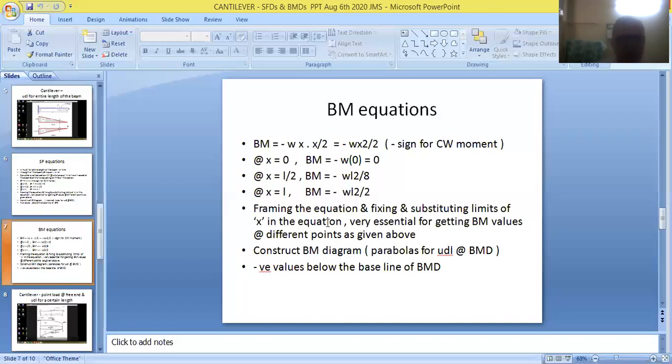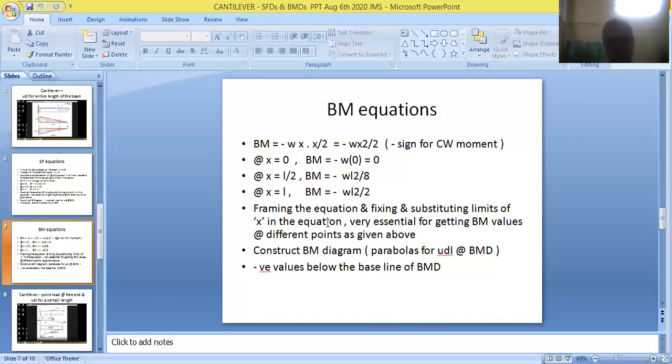So if you take the value of x as 0 in this equation, it is obtained as 0. And if it is L by 2, you take this value, we will be getting the second value of bending moment. And take the upper limit, you will be getting the final value of bending moment.